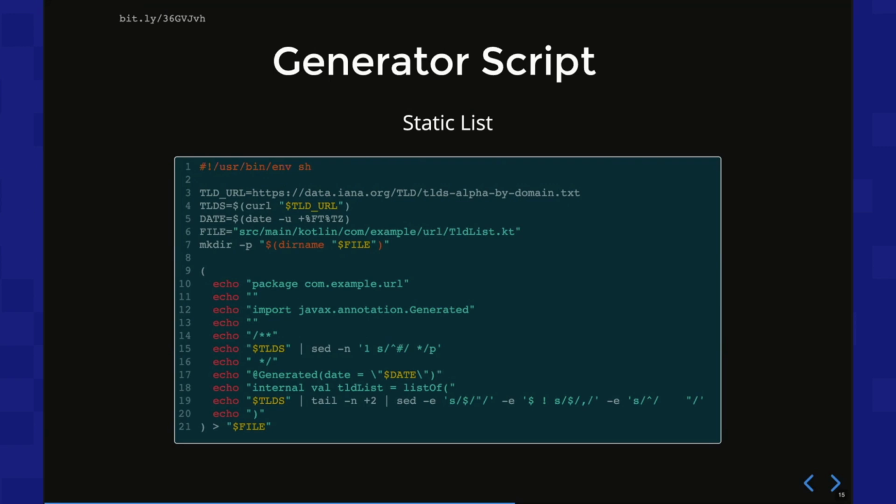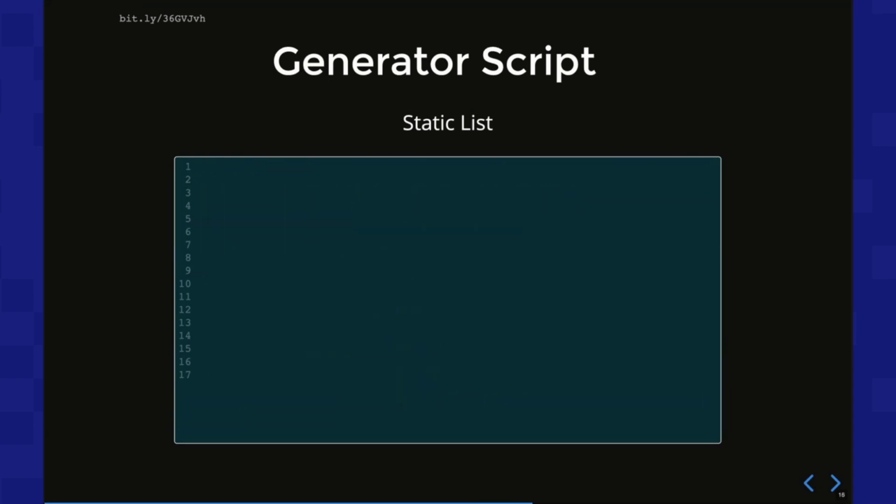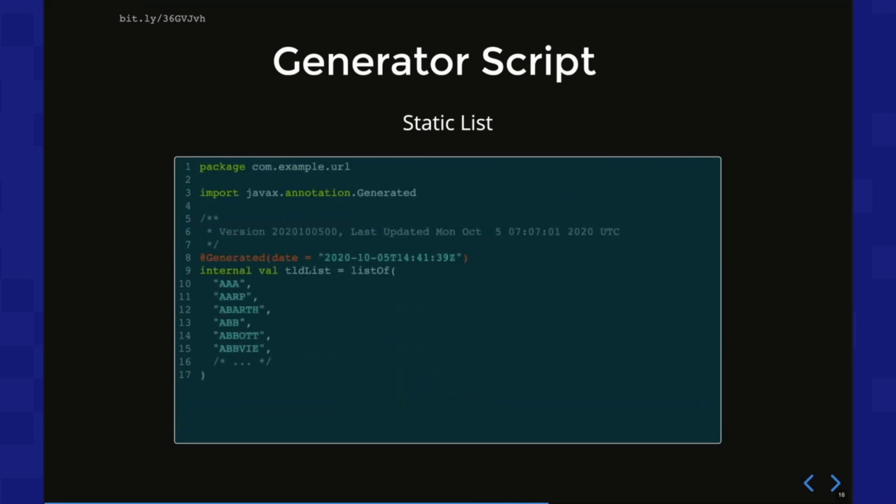So we had this code generator. It performs this curl request to download the model, which is just that file with one line per top-level domain. And it performs this little sed to transform it into a static list, and that way we can ship that list in the app. So this is a code generator, a pretty simple one, but fairly effective. Whenever you run it, you get the latest version of the list, and this is what it looks like.